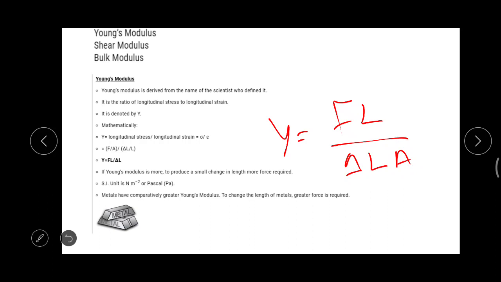As we know, the strain value does not have any unit or dimension. So the Young's modulus will have the unit of the stress, that is force per area, Newton per meter square, and it is known as the Pascal.